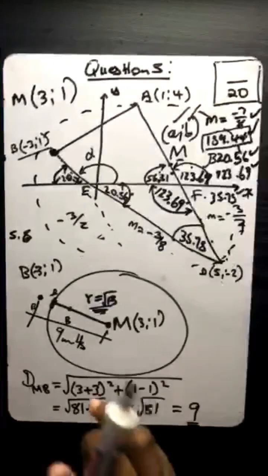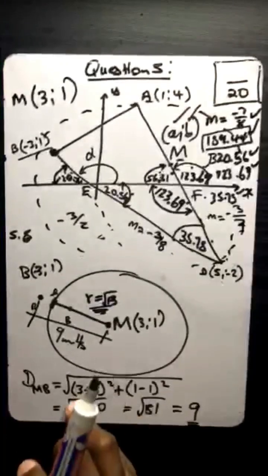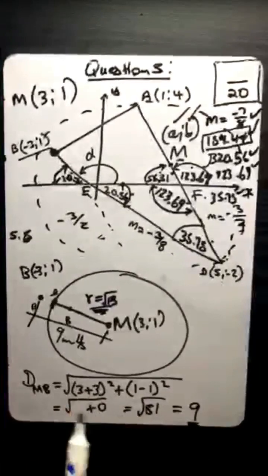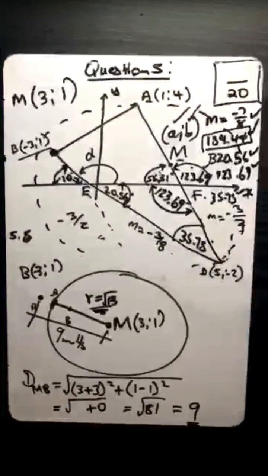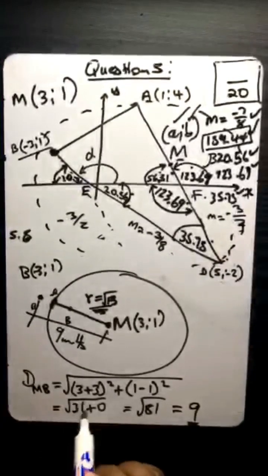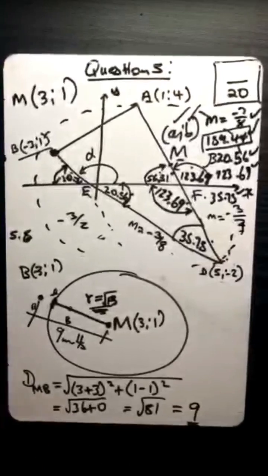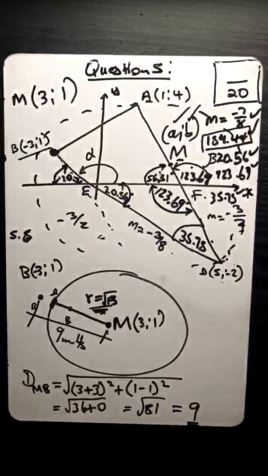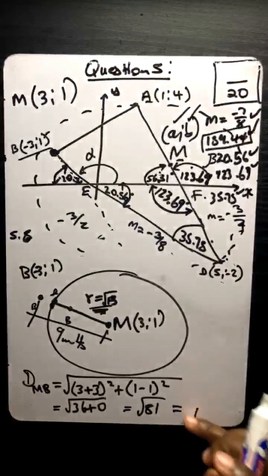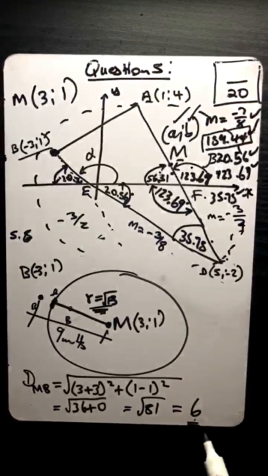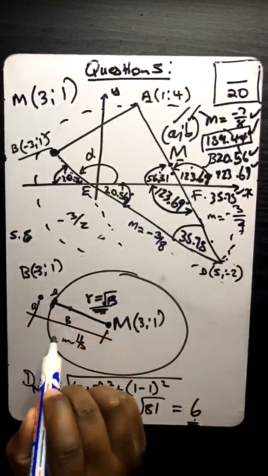Oh, yes. I did it as 9 there. So 6 squared is 36. Now, the square root of 36 is 6. So that means there it's 6 units.